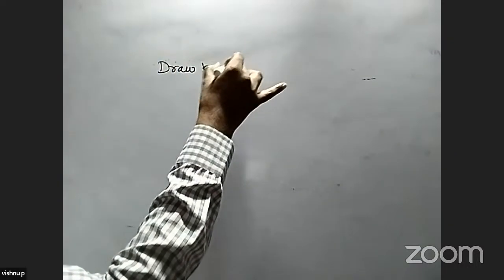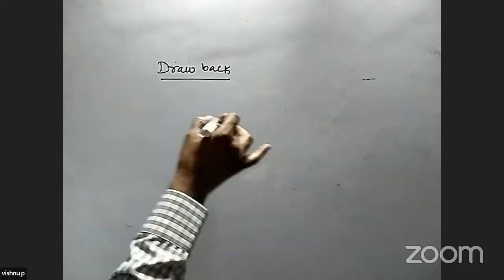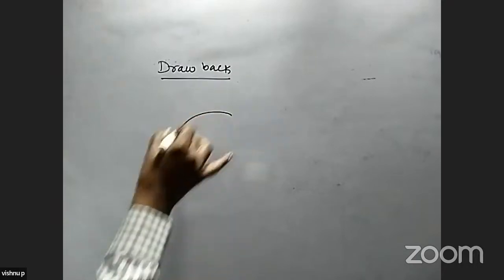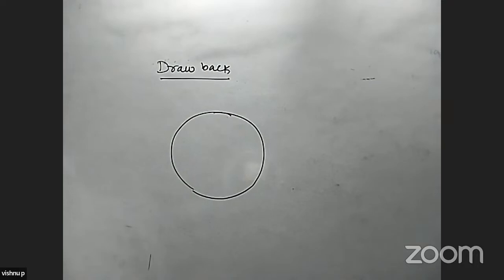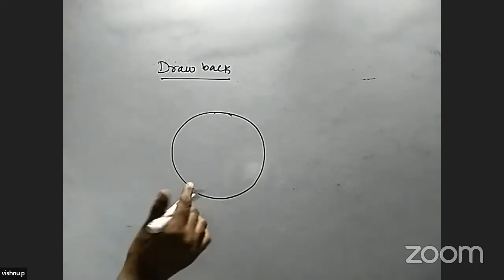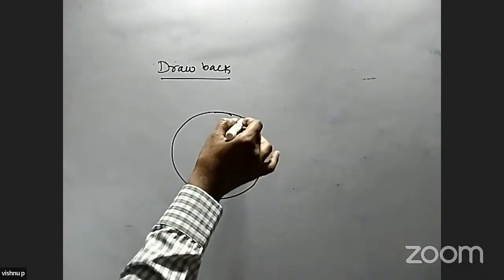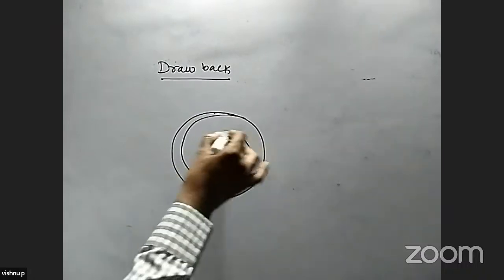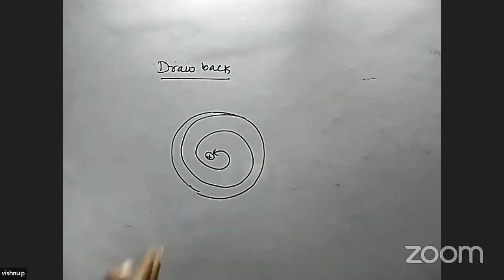But what is the drawback of this model? The main drawbacks of Rutherford's atomic model. First, it is against the modern concepts of physics. According to the modern concept, when a charged particle like an electron revolves around the nucleus, it should lose its energy continuously, and that electron should fall into the nucleus in 10 to the power of minus 18 seconds only.